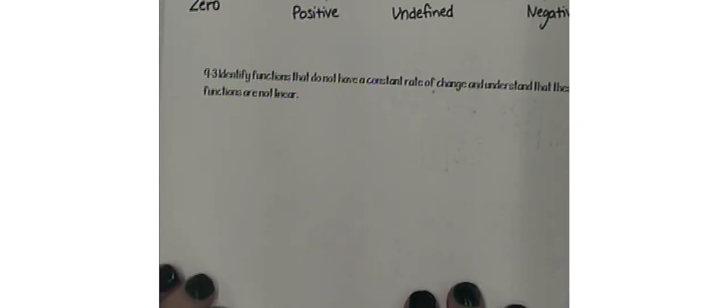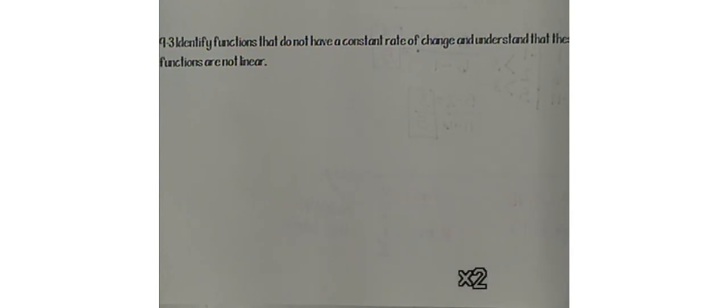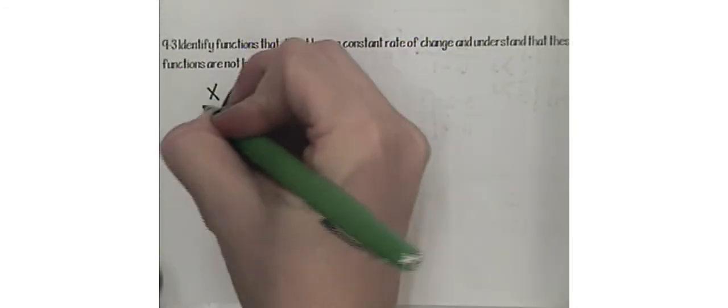All right, the last learning target that we covered says identify functions that do not have a constant rate of change and understand that these functions are not linear. Okay, so again, we usually look at these in a table. So I'm going to draw another T-chart.